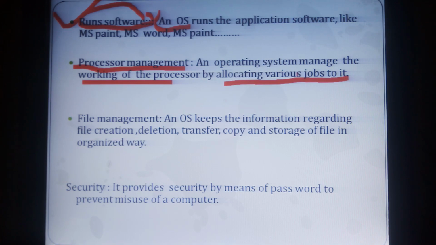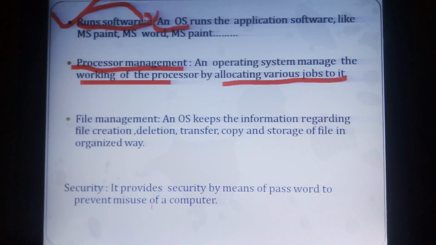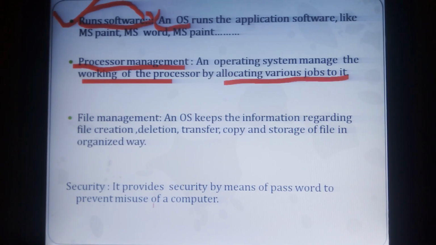Same thing as in the previous MS Word application: go to the memory, and whenever you do not use MS Word, the memory will be free. The same point for process management. Once again I will take one example, allocating the various jobs. Suppose I am opening a job, the job name is A.